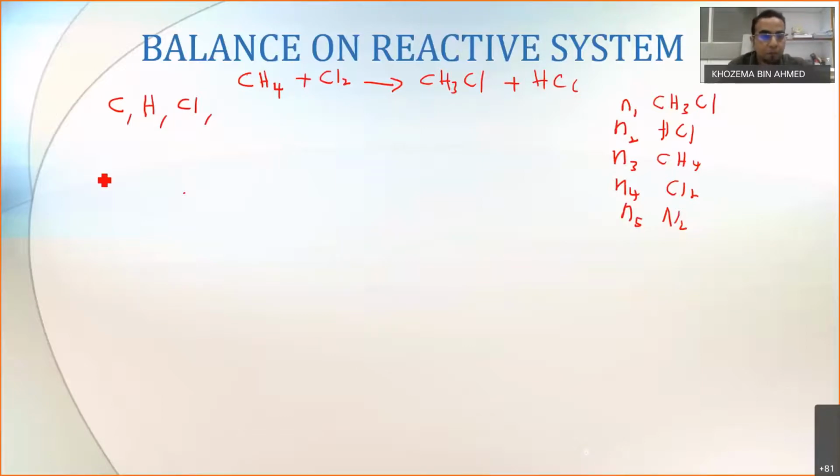So now let's say we want to do balance on carbon. So balance on carbon. If we are using atomic balance, input is equal to output. This is the only thing you need to know. So we want to know on our input side how many carbon we have, and on our output side how many carbon we have.